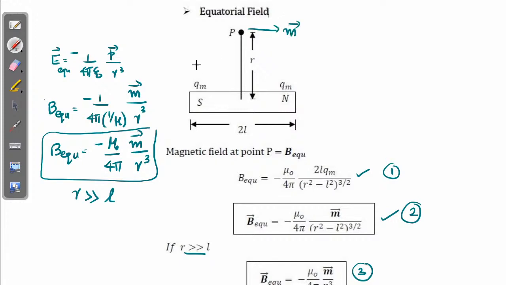And the direction of magnetic field will be from north pole to south pole. The net magnetic field B equatorial will be opposite. Since they are in opposite directions, to represent that you have this negative sign in the expression. Hope you understood this particular derivation.